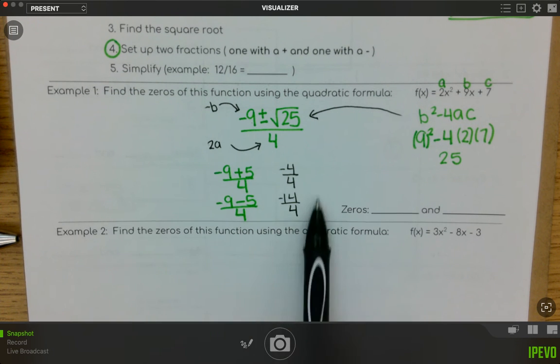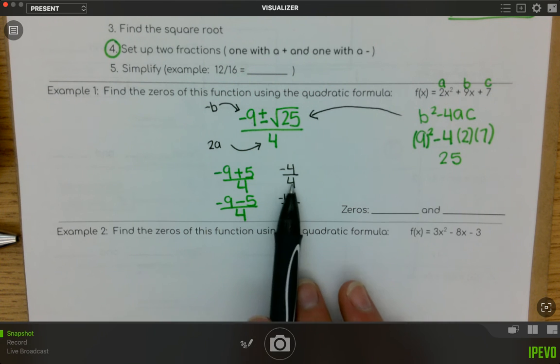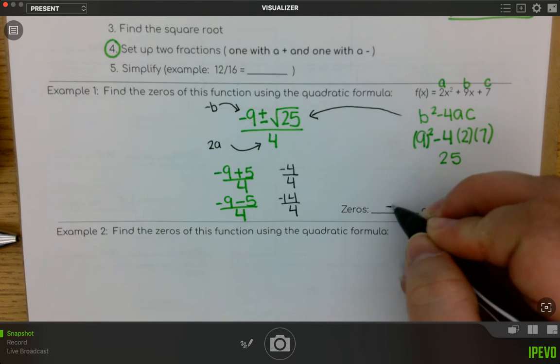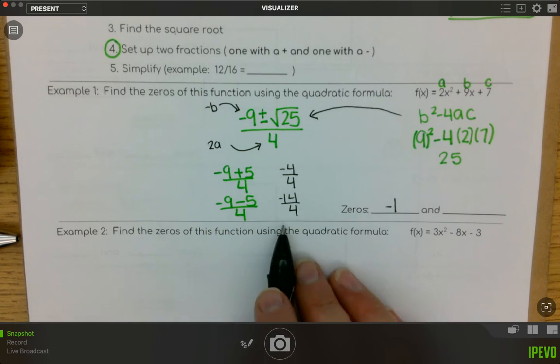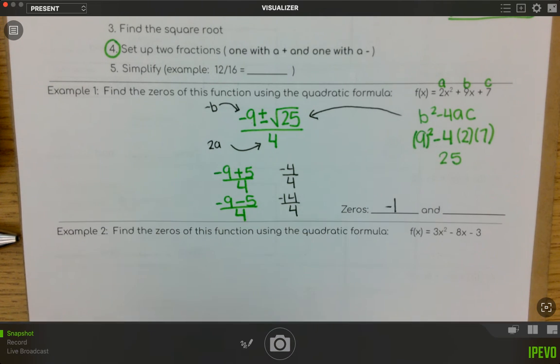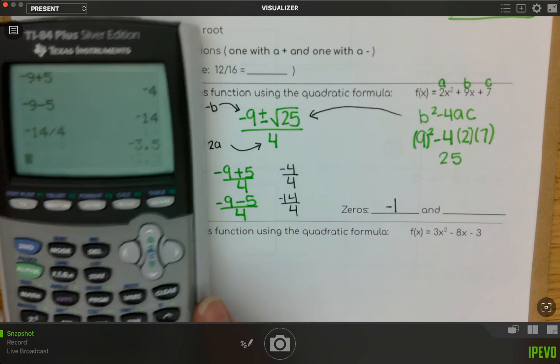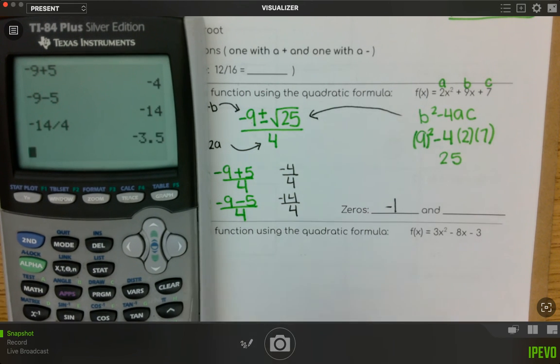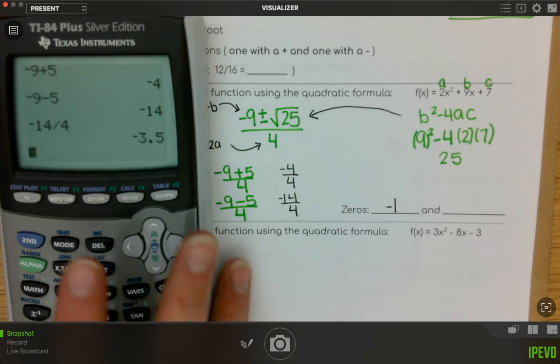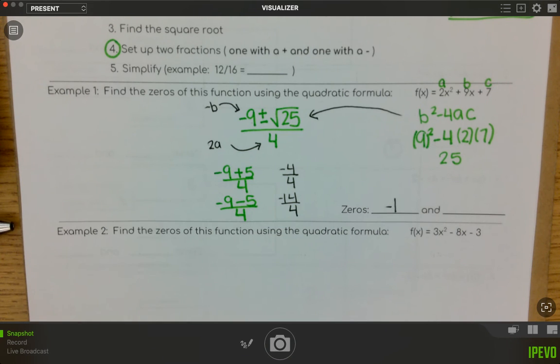It's this part that gets a little annoying because you have to simplify it as far as you can. This divides to negative 1. And this divides to negative 14 divided by 4, a decimal. So instead of writing the decimal, instead of writing negative 3.5, what I want you to do is divide by the biggest number you can.